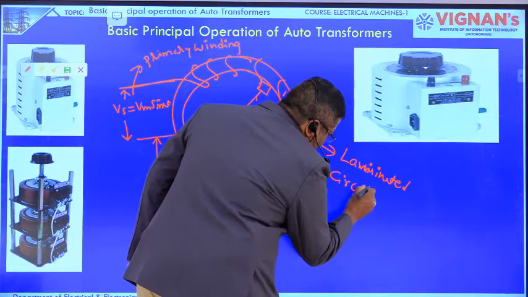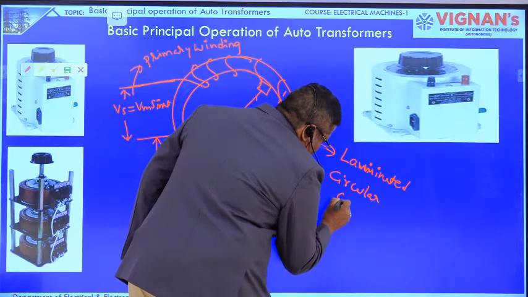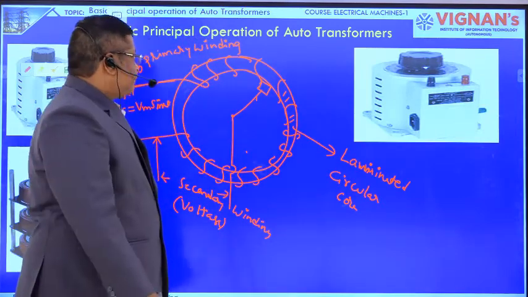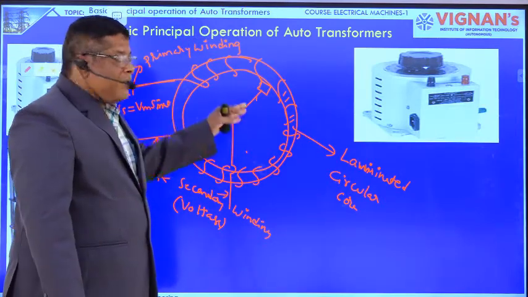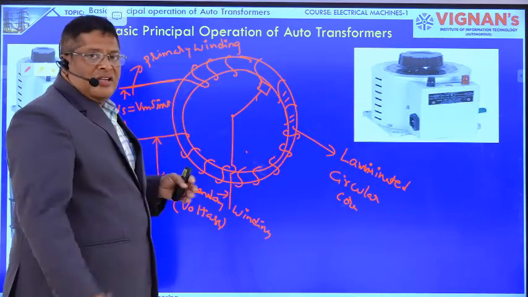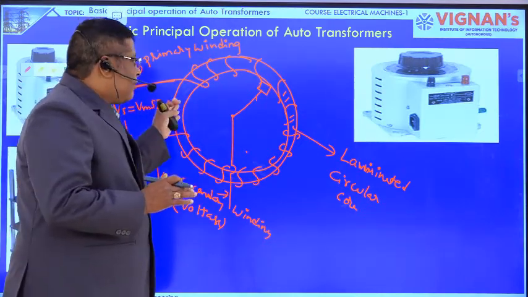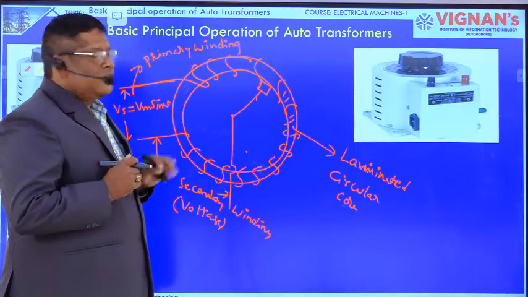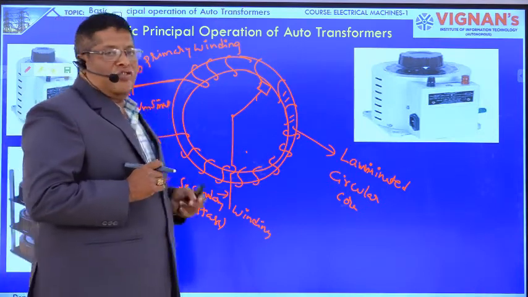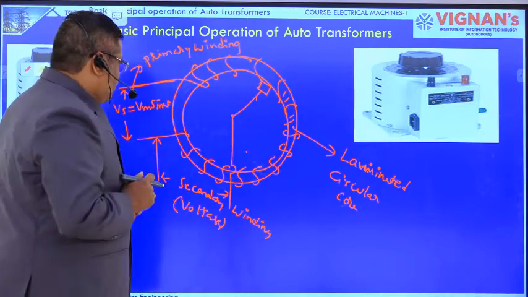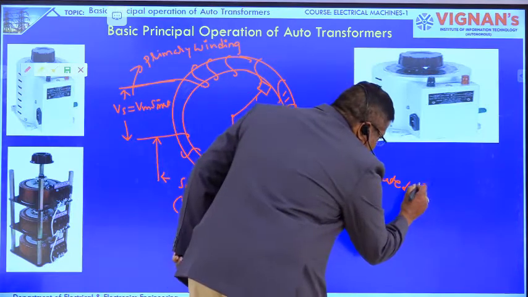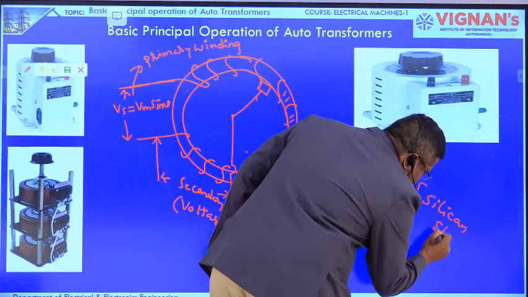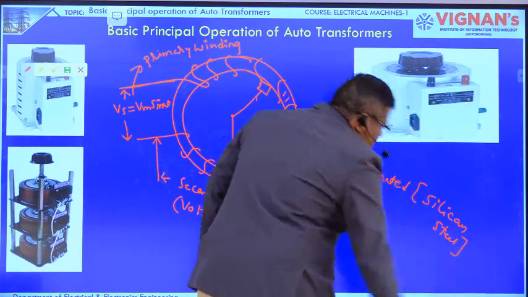See, it is a laminated circular core. On the laminated circular core, the winding is placed. Some portion of the winding is common to the primary and secondary. This is the construction of the auto transformer. Here we have seen the single phase auto transformer only. This core is made of silicon steel to reduce the hysteresis loss.